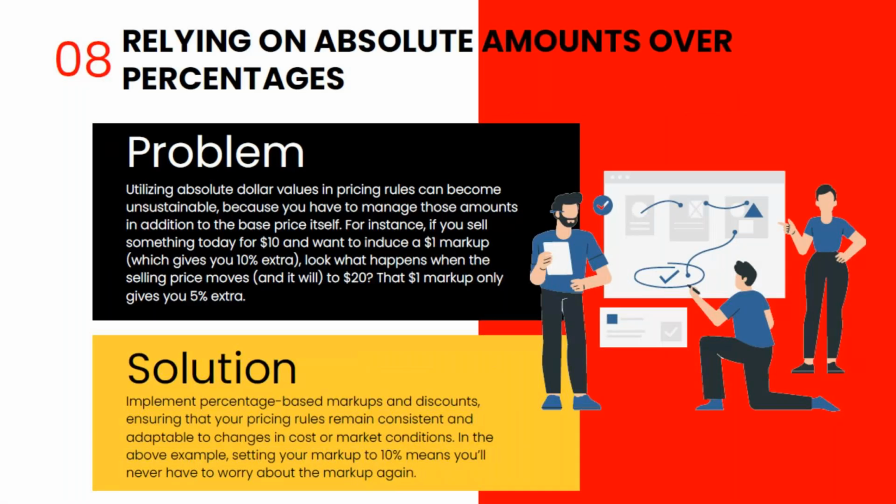This one drives me crazy, and I see it often, and that is that people do markups based on dollars, and it makes sense, but it's a very short-term visibility. So if you have something that costs you $100 and you do a markup of a dollar versus a 1% markup, then when that cost goes up to say $200, that dollar markup is no longer the same value as when it should be $2.